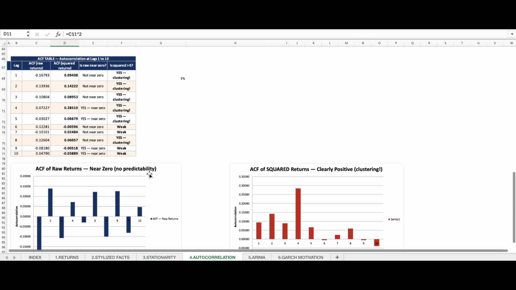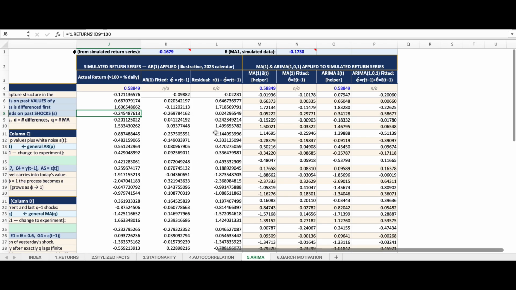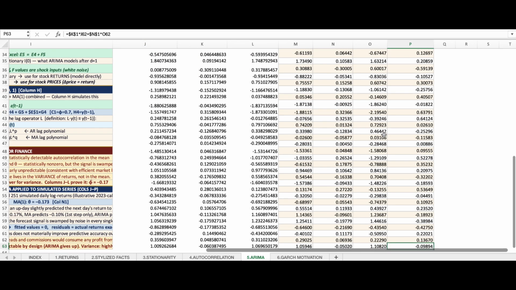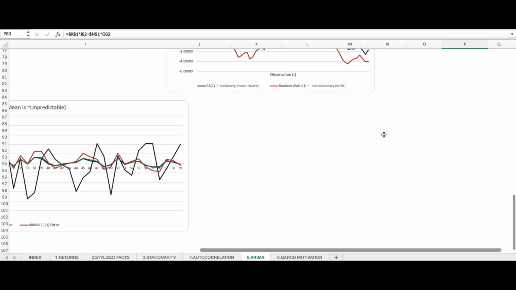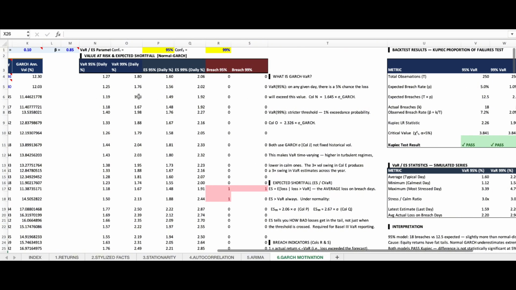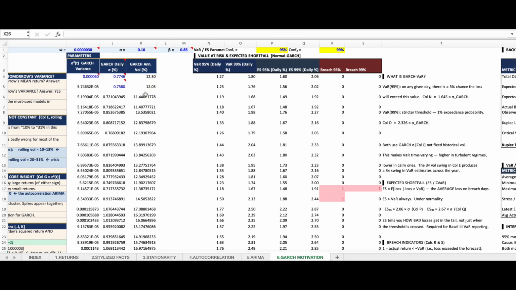We then quantified autocorrelation and saw exactly why raw returns have almost none, but squared returns have a lot of autocorrelation. Then we built the AR, MA, and ARIMA models from scratch in Excel and saw that the mean is nearly unpredictable. And we built GARCH, derived daily risk estimates, and formally tested whether the model was calibrated correctly.